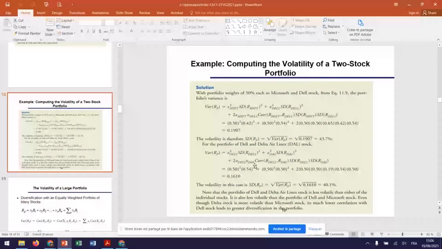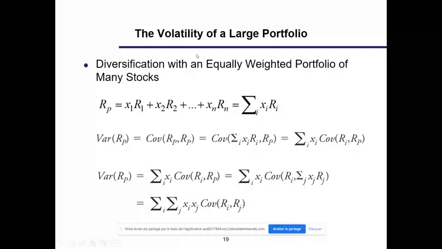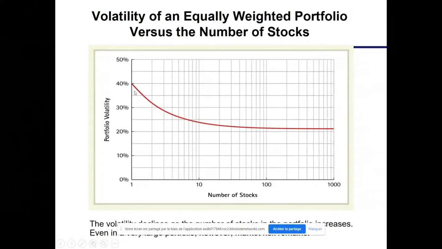diversification. Now, if you have a large portfolio, you can do the same thing, though we don't do it manually. If you are a fund manager, you can easily calculate the variance of your portfolio by taking this kind of formula, okay? So remember when I showed you yesterday about the traditional stocks? The more I increase the number of stocks in my portfolio, the level of volatility of my portfolio should reduce.